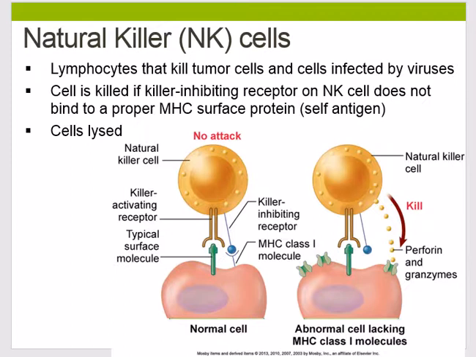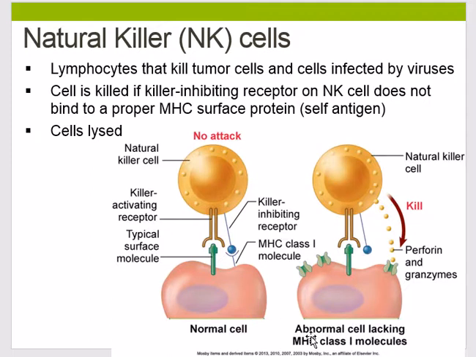The killer-activating receptor, right here, is going to bind to any of several common surface molecules that are found in cells. So you can see here that it can bind to a normal cell. Therefore, the natural killer cells can bind to any cell of the body as well as abnormal cells or foreign cells.